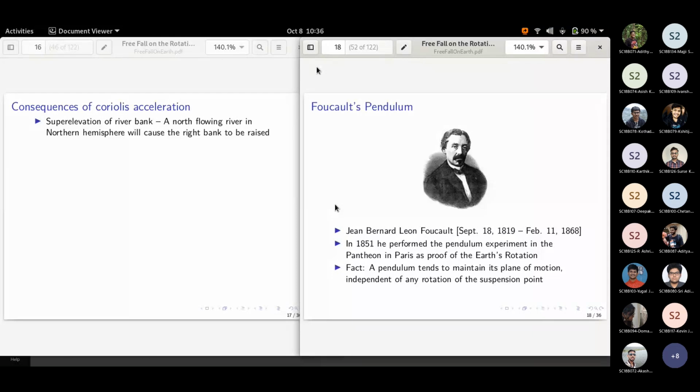Is that clear? First we have to understand that the pendulum's plane of motion is maintained in the inertial frame. Therefore, if you are in the rotating frame, this rotating frame will make it appear as if the pendulum's plane is rotating.